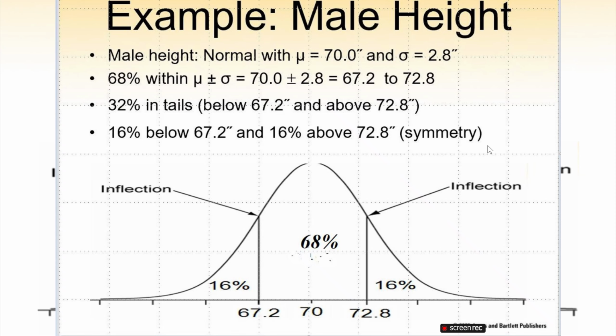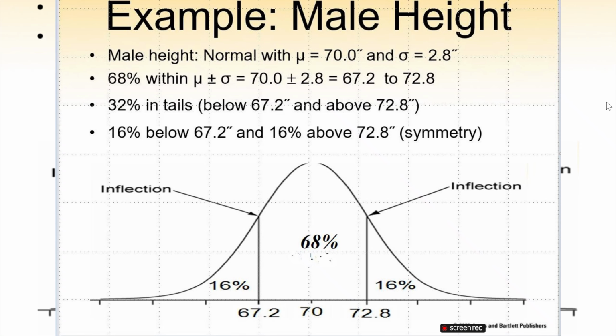So if we plot this on our graph, the central 68% is here, it simply means the two other tails should be 16% to the right and 16% to the left. So the mean height, like I said, is 70 and the standard deviation is 2.8.